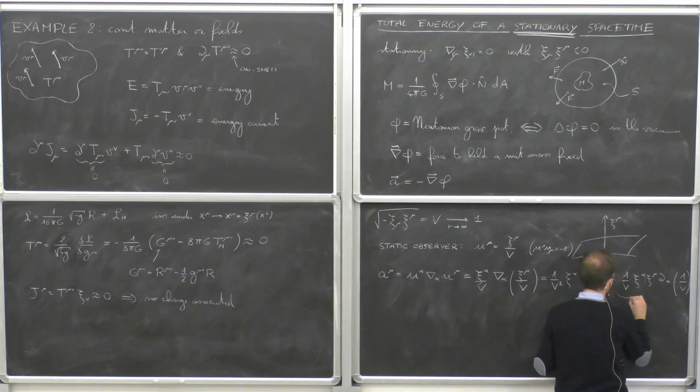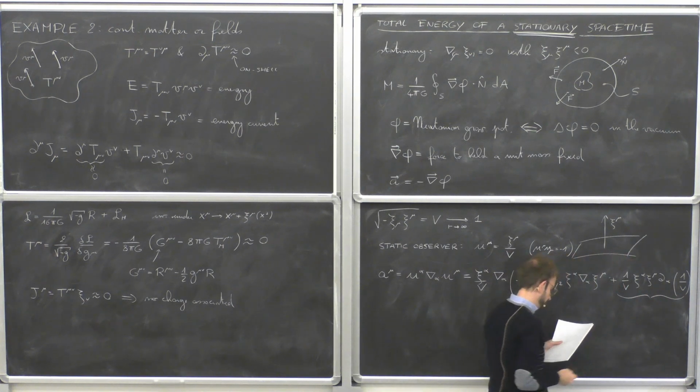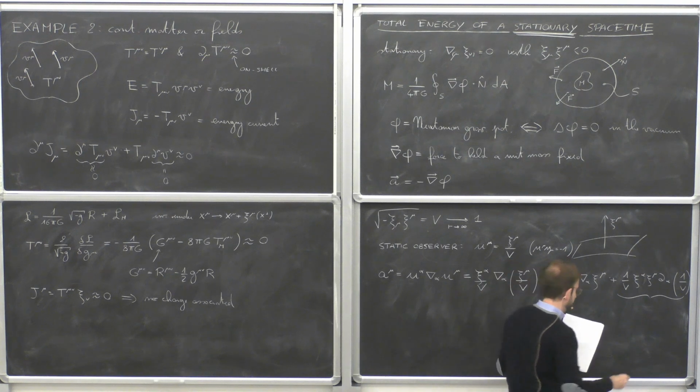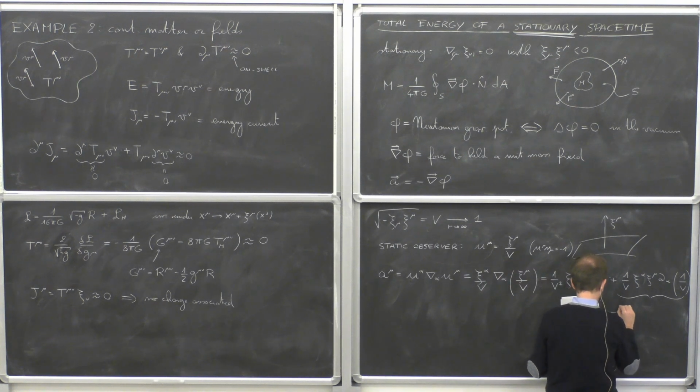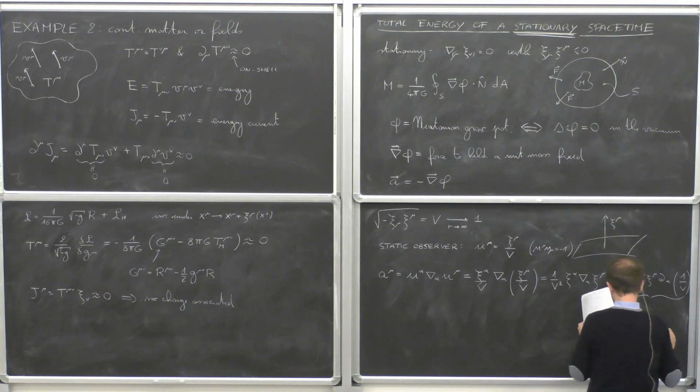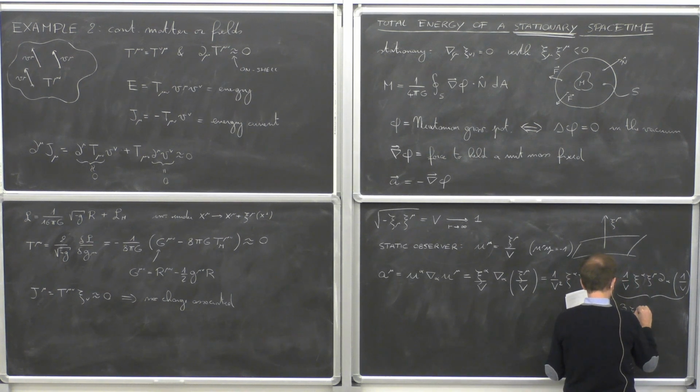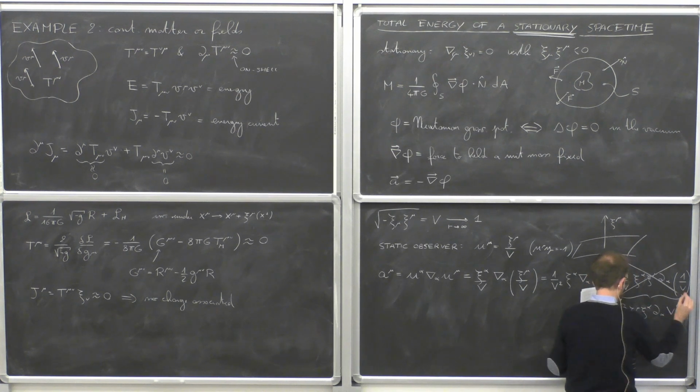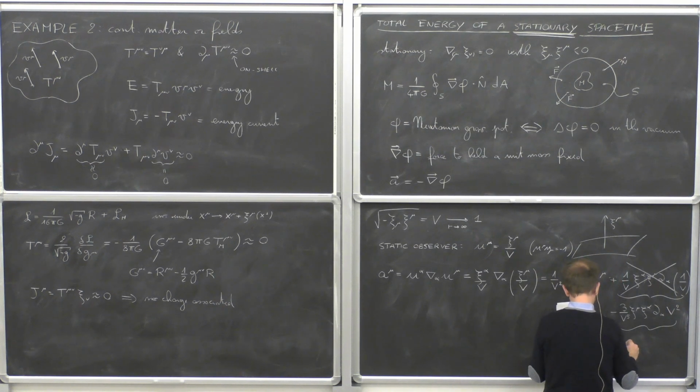But the interesting part of the story is that now I start to profit from the fact that this observer is really a static observer. And in particular, essentially, I can prove that this term is equal to 0. You can do it in several ways. One way, which is not the important part of the story but is relatively easy to handle, is the following.